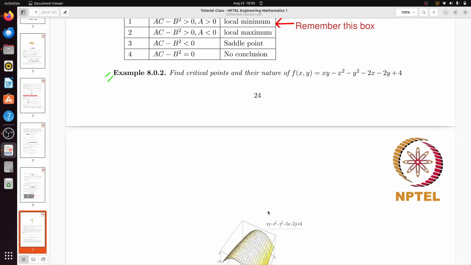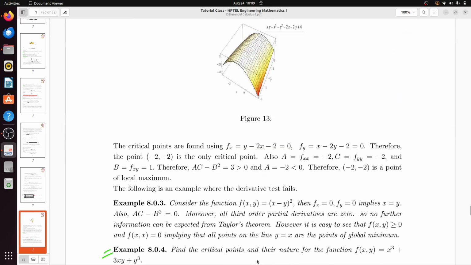The local maximum. Sir, I get AC minus B square greater than 0 and A less than 0, so that is a local maximum. What is your point? Minus 2, minus 2. And AC minus B square is 3. Okay.